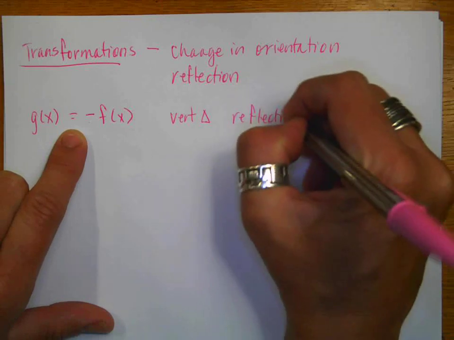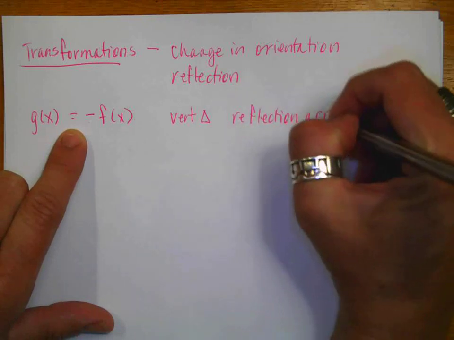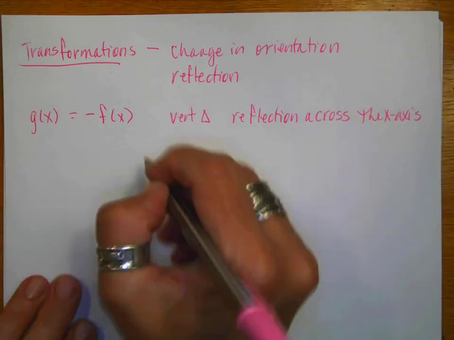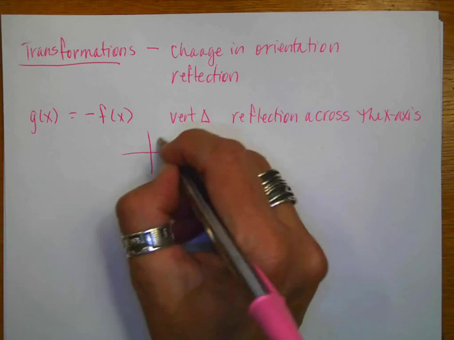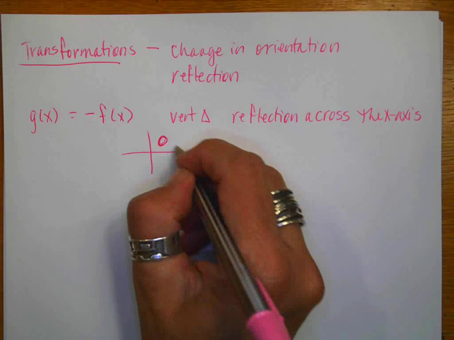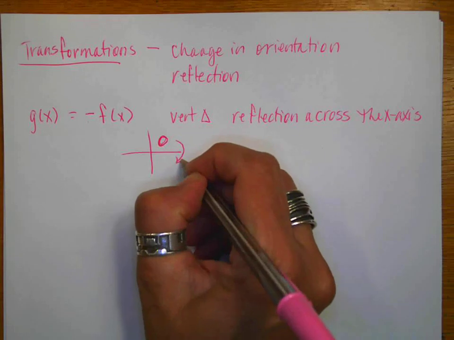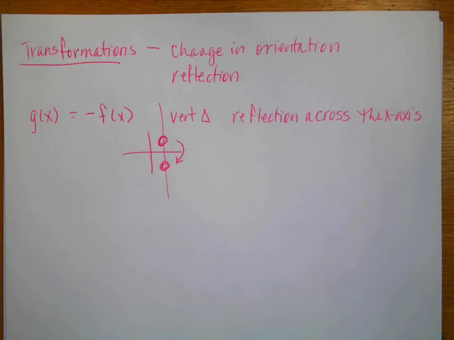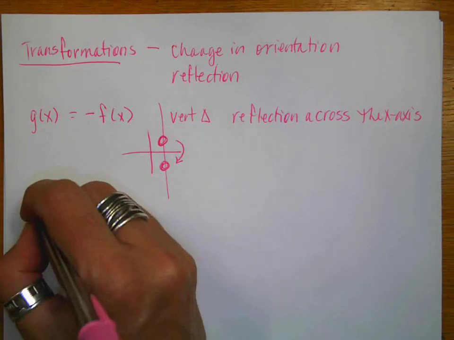This is a reflection across the x-axis, okay? And if you can visualize in your head, if I have something here and I make it negative, then it's going to reflect across this axis, it is a vertical change.